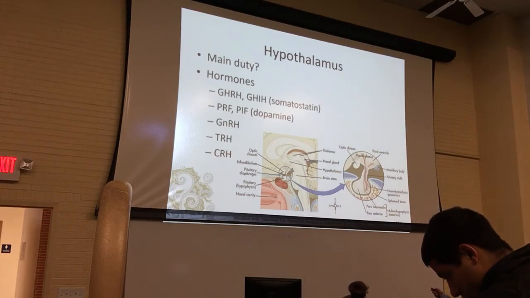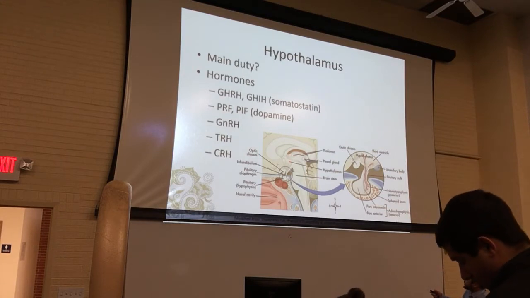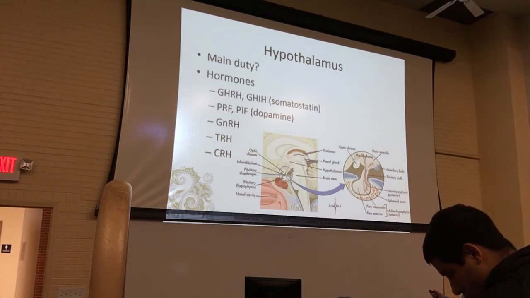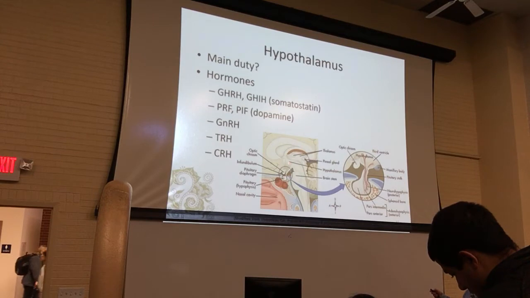You can see the anatomy that we were talking about earlier. Here's our thalamus right here, right? And the hypothalamus sits just inferior to it. Hypo meaning underneath or below. And here's our pituitary gland right here. So the hypothalamus is above the pituitary, and the hypothalamus is below the thalamus.